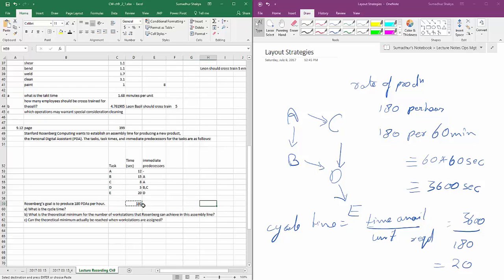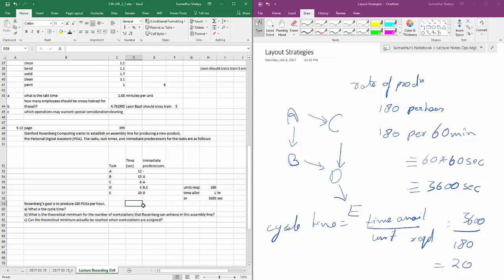Let me bring this here. So units required 180, and time allotted 1 hour, or equals 60 times 60 seconds.